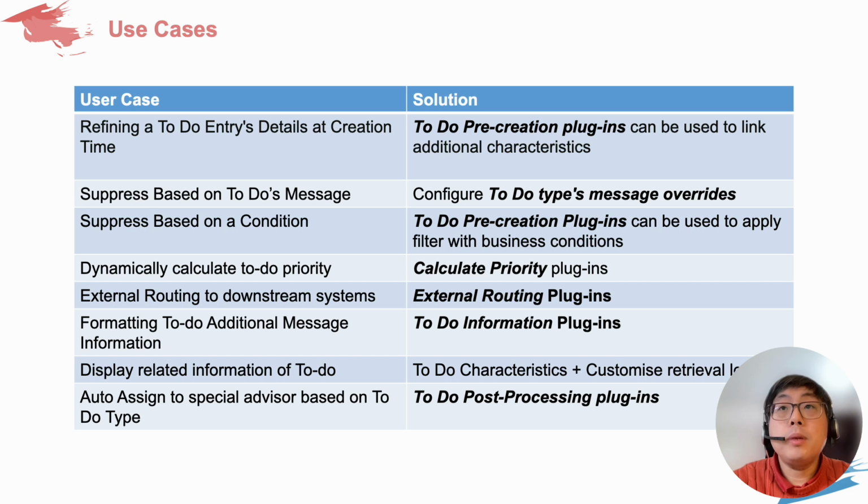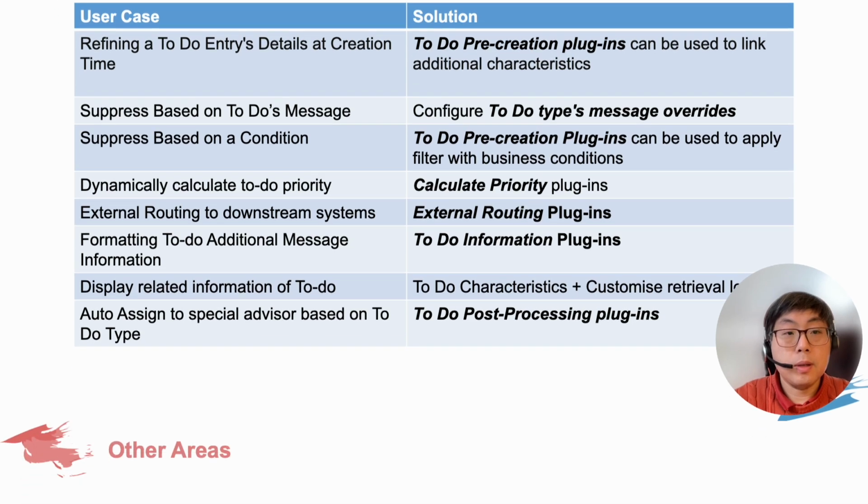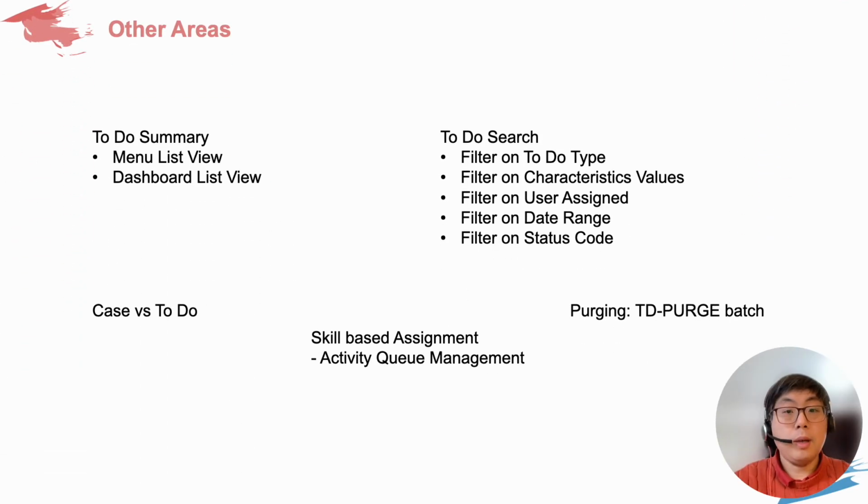And it can be done in the to-do post-processing plugin. We can add a logic there, but we talk about that in more detail in the next slide. Okay, so there are other areas. I did mention most of these earlier, but I just want to summarize it before we move on.